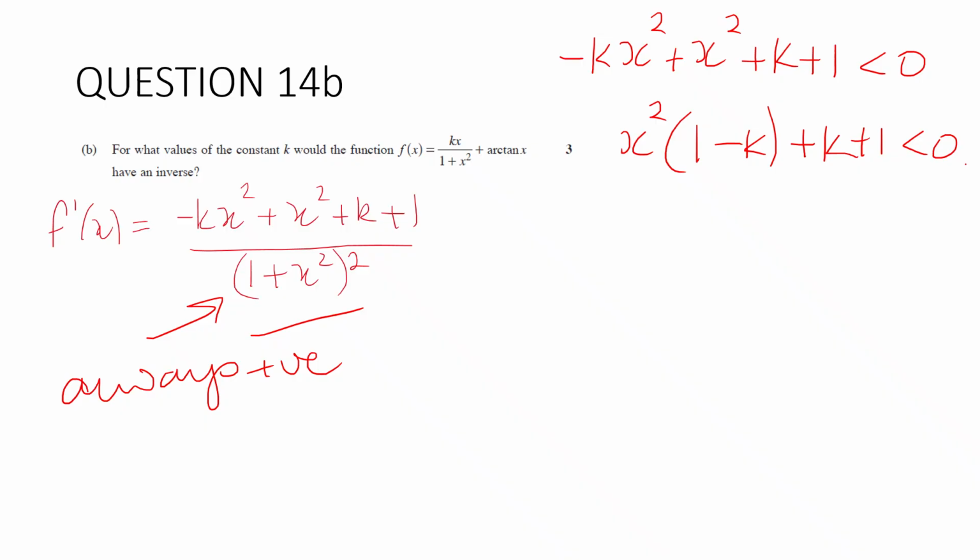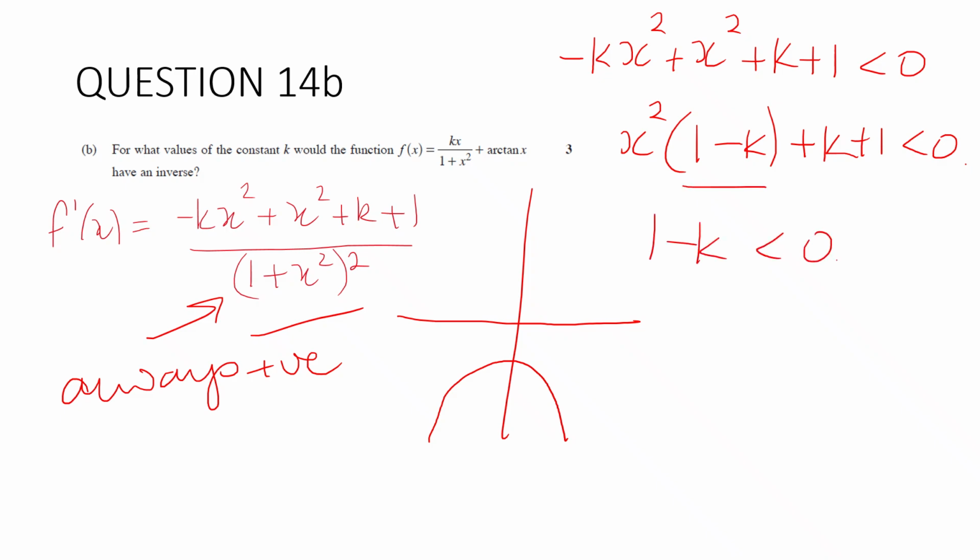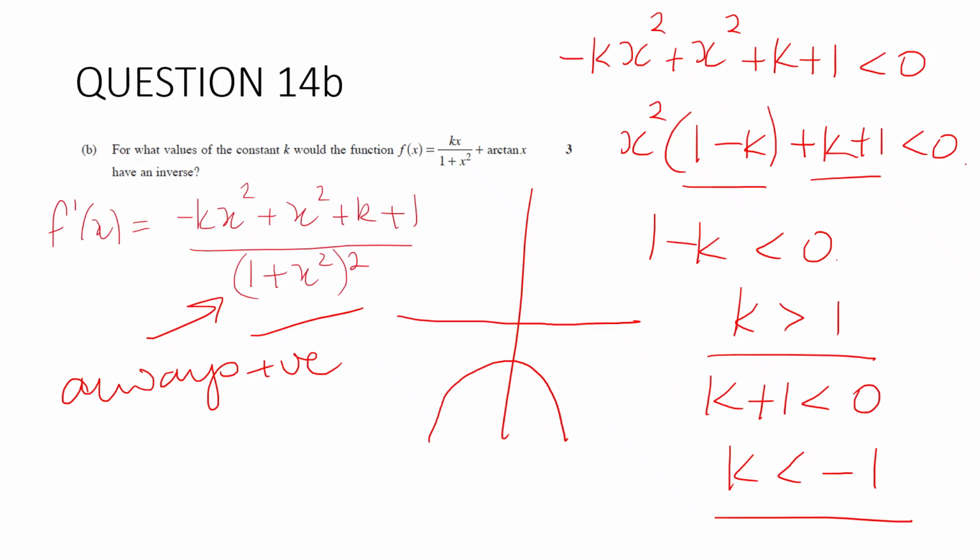So again, we've got a parabola, but this time we want it like this. So we want coefficient of x squared to be less than 0, and we want this to be less than 0 as well. So we've got k is going to be greater than 1, and k plus 1 has to be less than 0, so k has to be less than negative 1. And that's not possible for k to be greater than 1 and less than negative 1, so no solution.